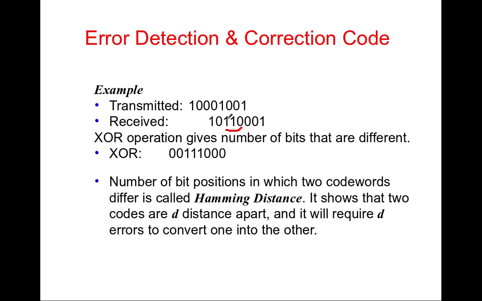That means this is changed to 0, this is changed to 0, and this is changed to 1, and we will get the original. So in effect, if there are 3 bit positions different, and you change these 3 bit positions, you will get the original code. That means if d is the distance, it will require d errors. Errors mean we are changing the bits to convert one code word into another code word.